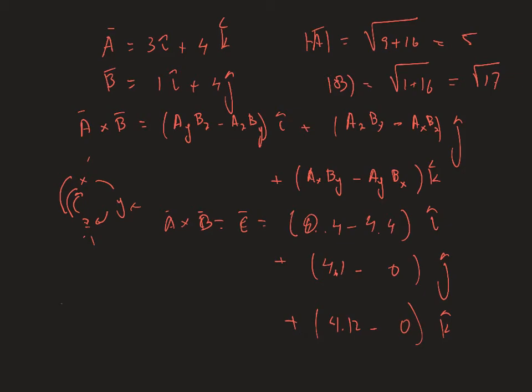So C will be minus 16i, correct, plus 4j, correct, plus 48k. If I did not make any mistake. It's too early, I didn't take any coffee, maybe I'm making a mistake, I'm sleeping. So the magnitude of C, you make it, is the square root of 16 squared plus 4 squared plus 48 squared. I don't want to do it, you do it.